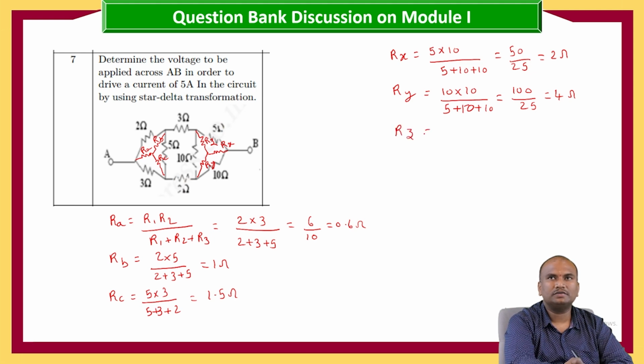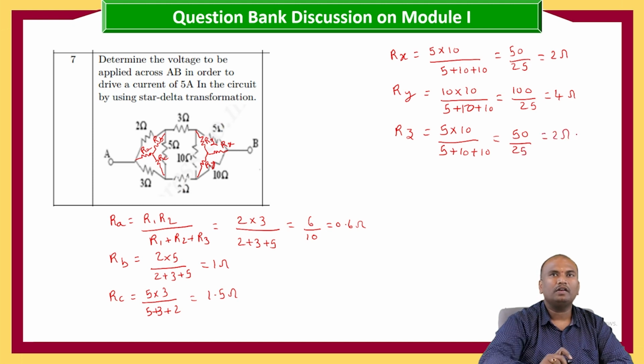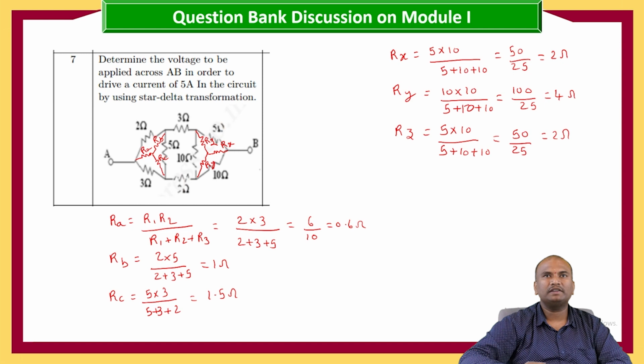Rz is equal to again 5 into 10 by 5 plus 10 plus 10, which is equal to 50 by 25, which is equal to 2 ohms. Now we are going to replace the circuit with these star equivalents.